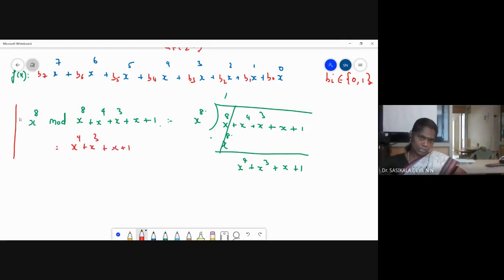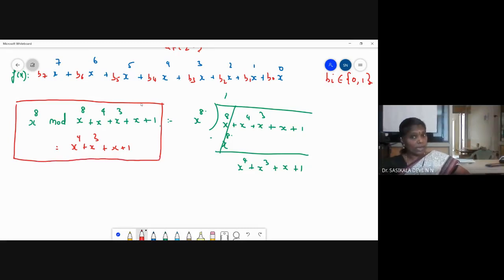So the polynomial which exceeds the degree 7 can be reduced like this. Can you understand this first step clearly? X power 8 mod the polynomial is this, because x power 8 is not a group element of GF of 2 power 8. We have to reduce it like this.